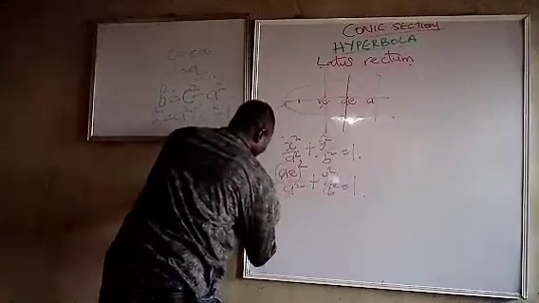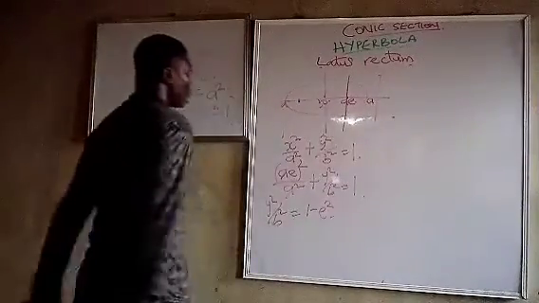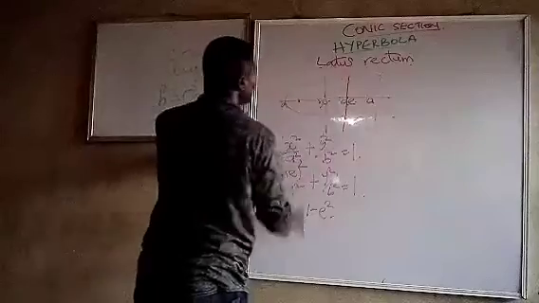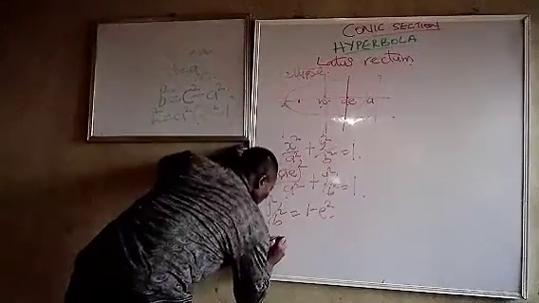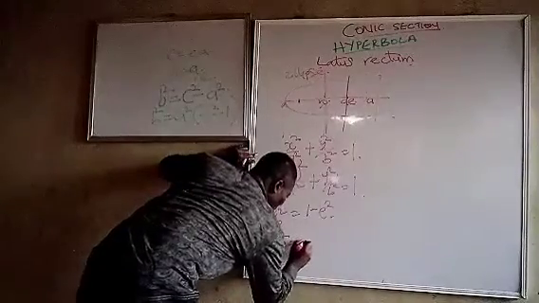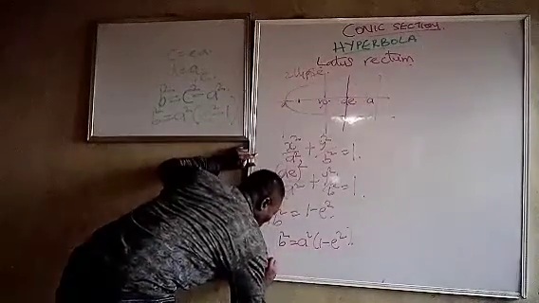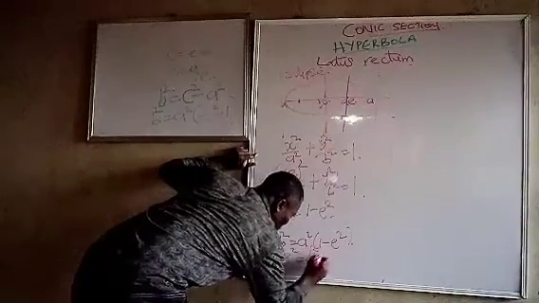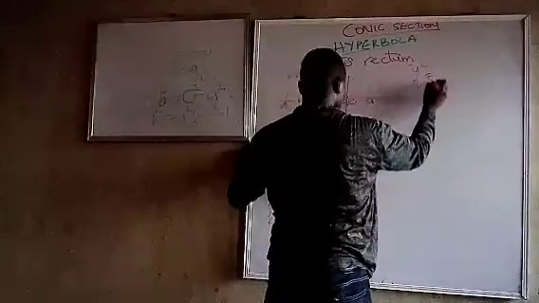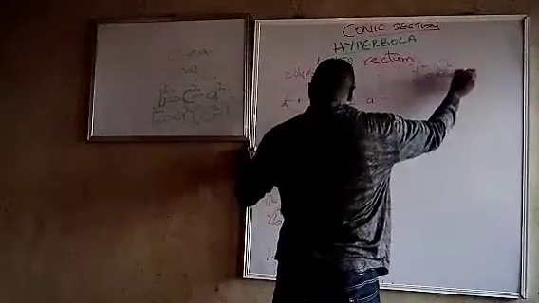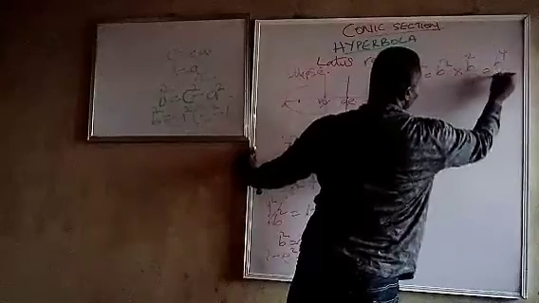So we have y squared over b squared is equal to 1 minus e squared. But please recall, for an ellipse, b squared is equal to a squared into 1 minus e squared. Therefore, 1 minus e squared is equal to b squared over a squared. Therefore, y squared is equal to b squared times b squared over a squared, so y squared is b raised to power 4 over a squared.